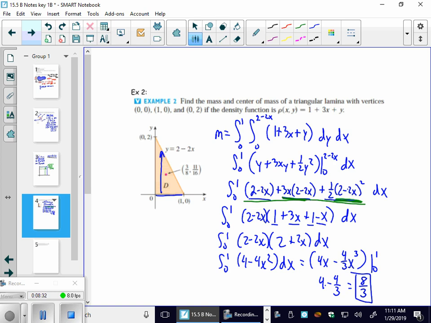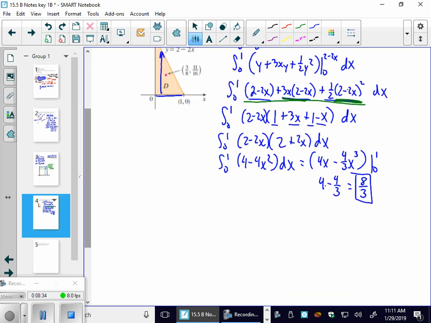But dividing by the mass, because it's a fraction, is really multiplying by its reciprocal. So x bar, in this case, let's start over here to the left, is the moment of y divided by the mass. But the mass is 8/3, so instead of dividing by 8/3, I'm going to multiply the moment of y by 3/8.